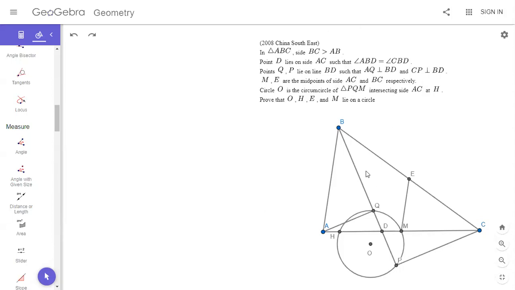Since they're in harmonic conjugation, I'm trying to think the best way to say it, but that means that DP over BP is equal to QD over BQ. So we want to show QD over BQ is equal to AD over DM.